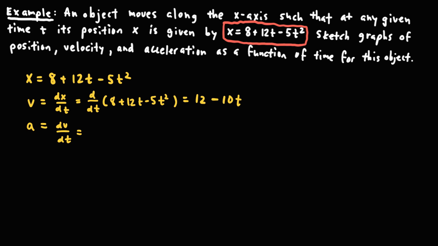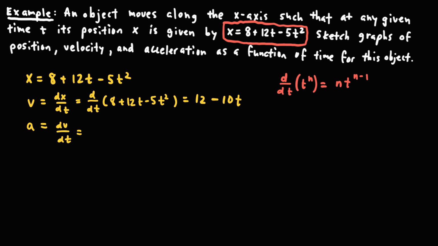And if you don't remember how to do that, it would be good to know that in general, for anything that's raised to some exponent, d dt of t to the n would be equal to n times t raised to the power n minus 1. So when I'm taking the derivative of something raised to a certain power, I bring down the exponent and write it as a coefficient.